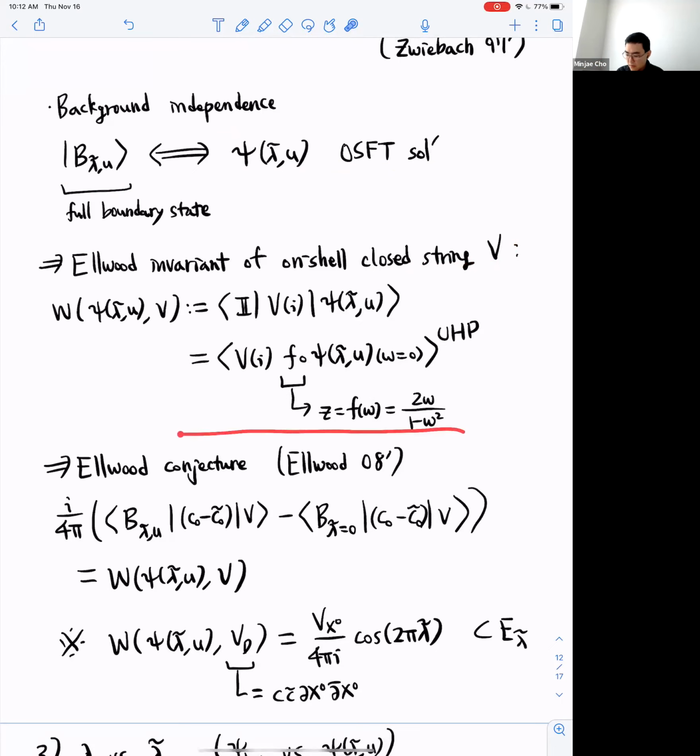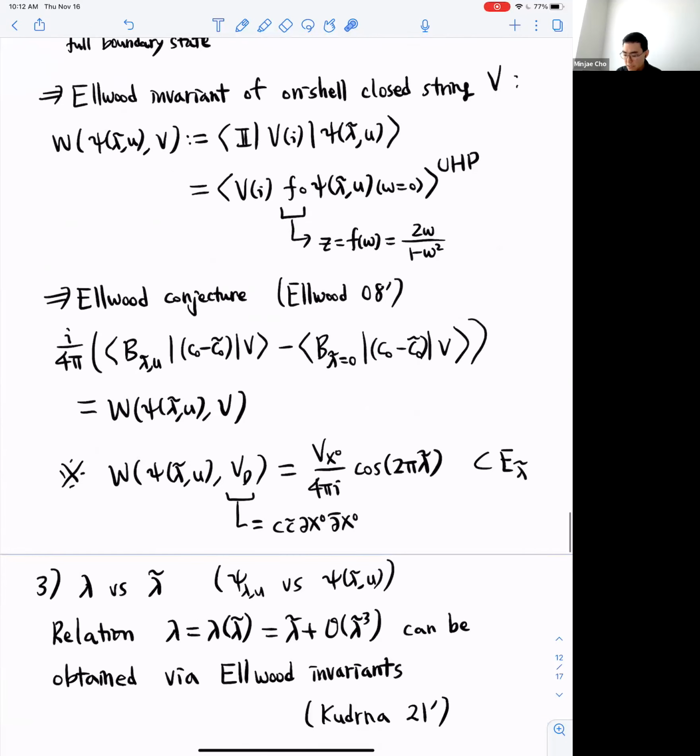Well, explicit expressions are written here. I'm not going to go through the detail because this is a very familiar subject that many people in this audience have worked on. Ellwood made a conjecture in his paper, which is basically the statement I already made.